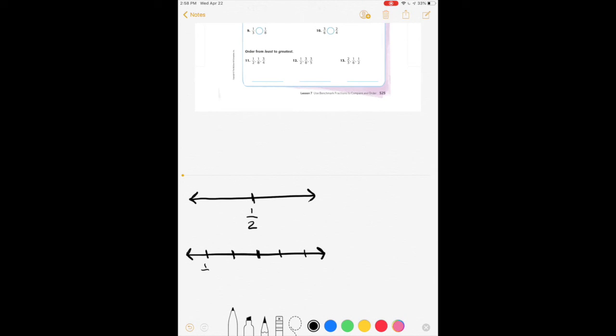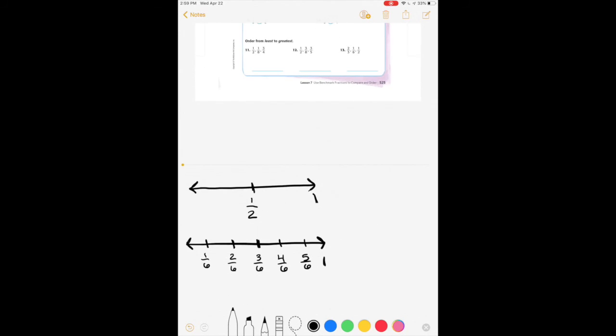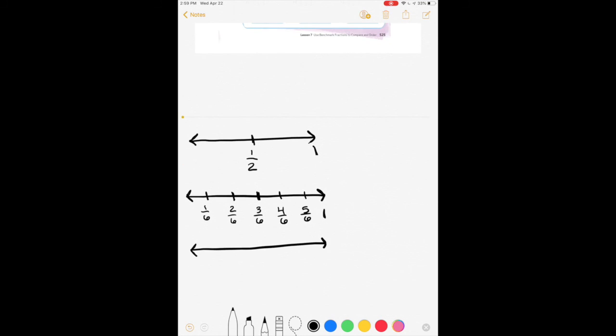So we have 1/6, 2/6, 3/6, 4/6, 5/6, and then 6/6, which is a whole. And then 2/4. So I need a number line cut into 4ths. 1/4, 2/4, 3/4, and then 4/4, which is whole.